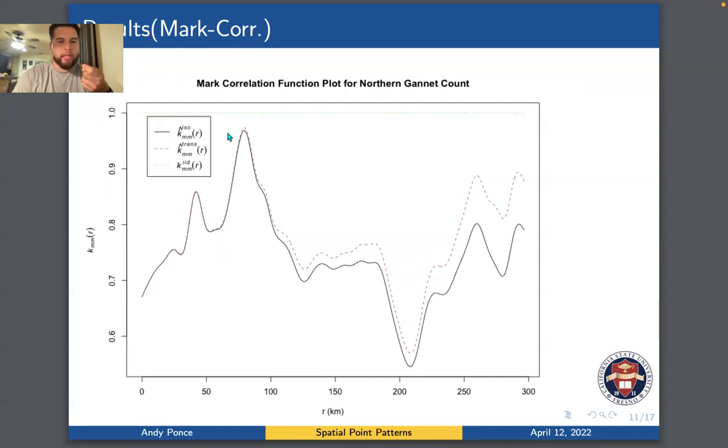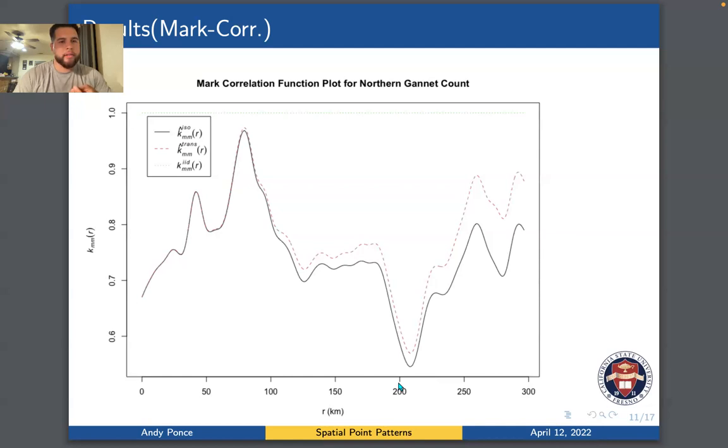And anything that's really close to 1 up here is expressing a weaker correlation. And so knowing that, we see that there's a strong correlation around 200 kilometers. So points that are 200 kilometers apart have a stronger correlation. It's not very obvious yet what that correlation is, but we know around what distance it's happening at.